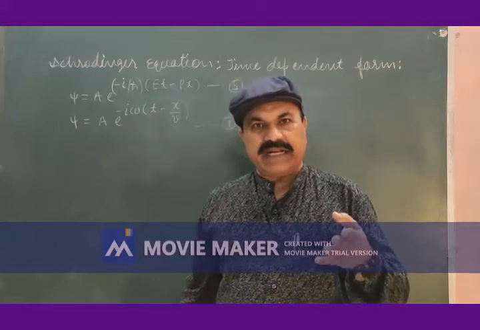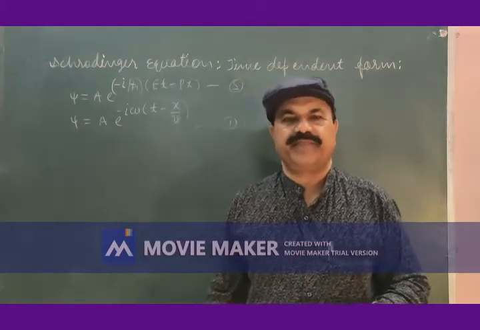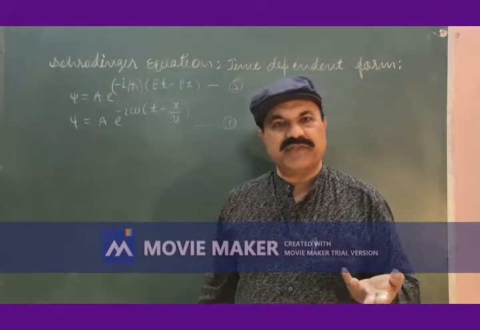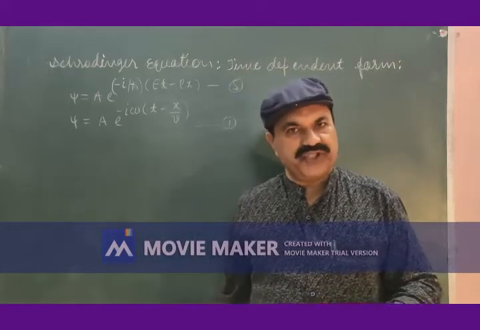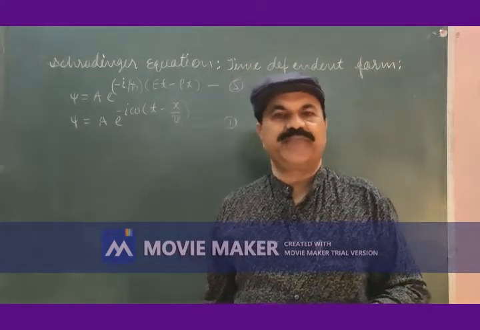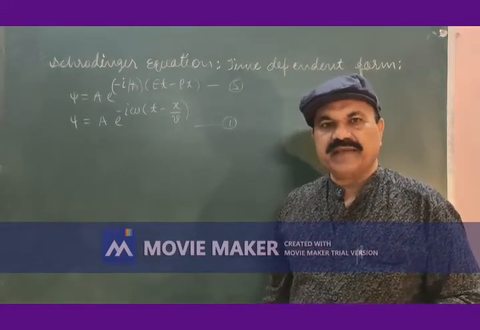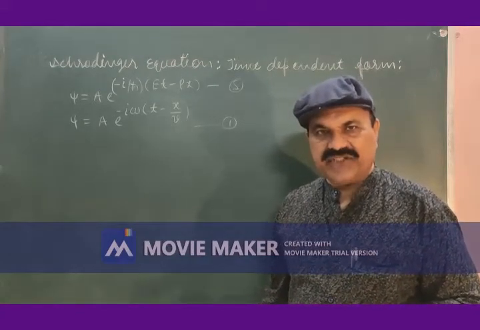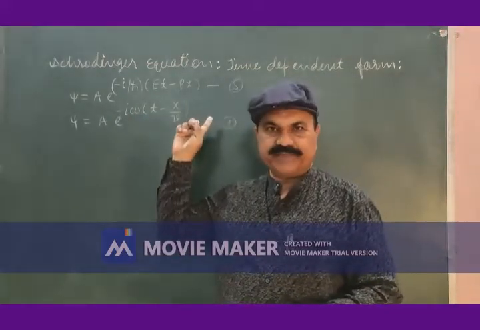To write the convenient form of the equation for the wave function psi in terms of lambda and nu, we followed the procedure I have shown in the last lecture. Using those things studied in the last lecture, we arrived at equation number 5.